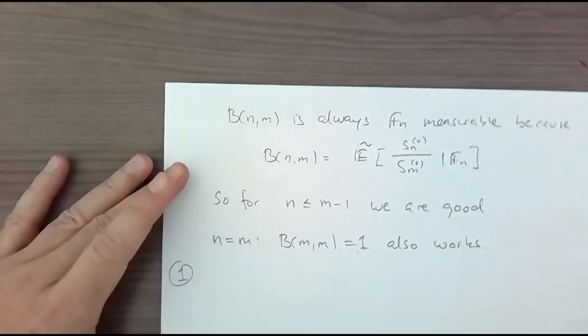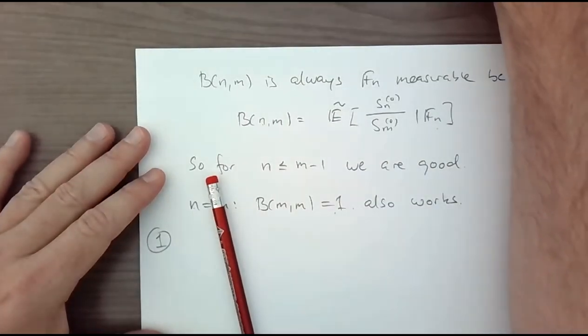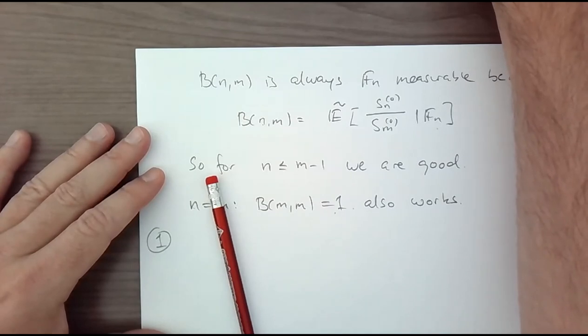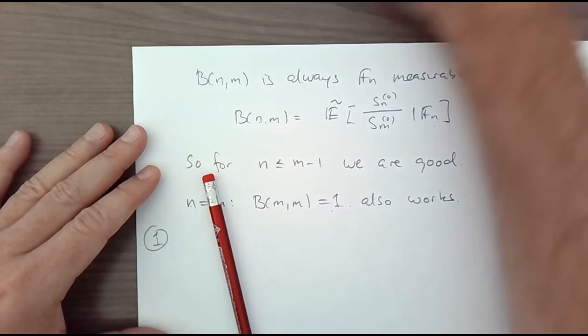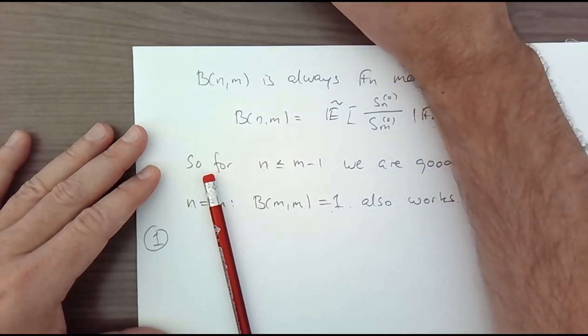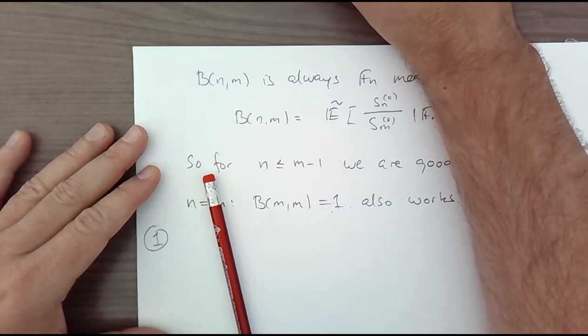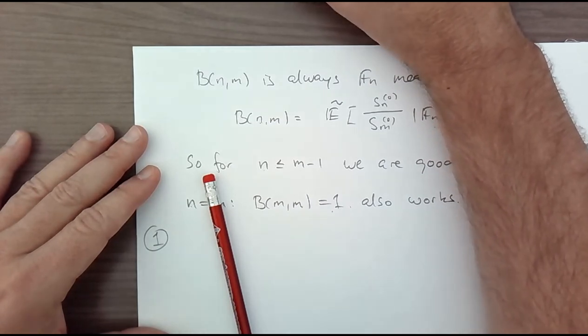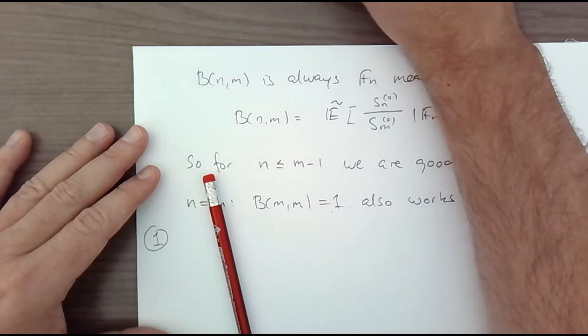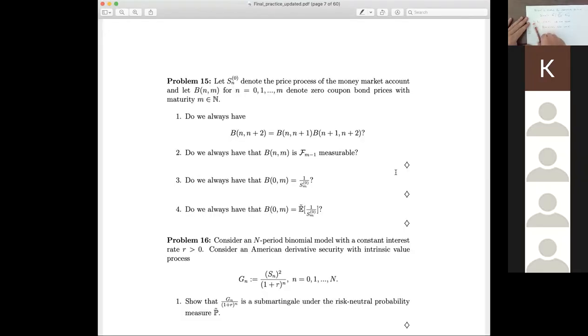So if we go to number 1, let me share the screen again so you guys can see it. Oh, there's the button. The last one is, can we decompose it like this?